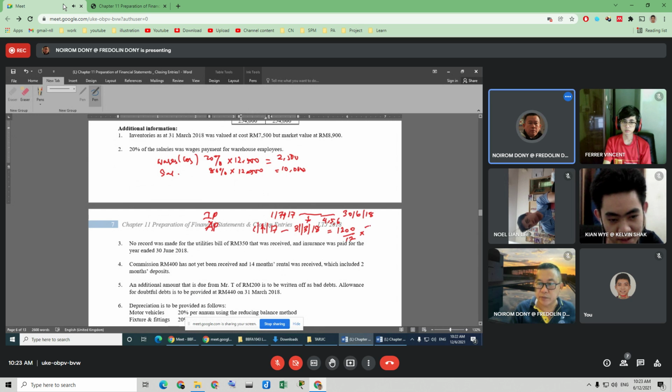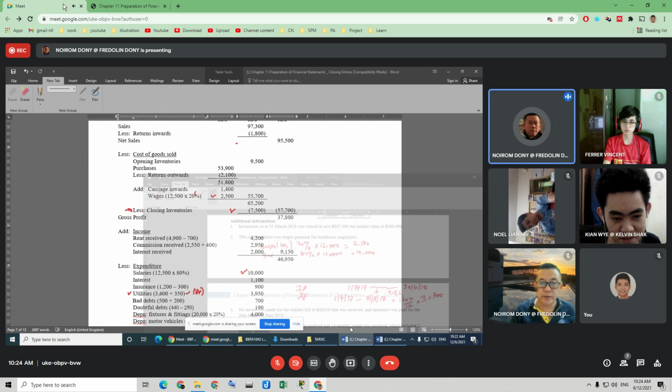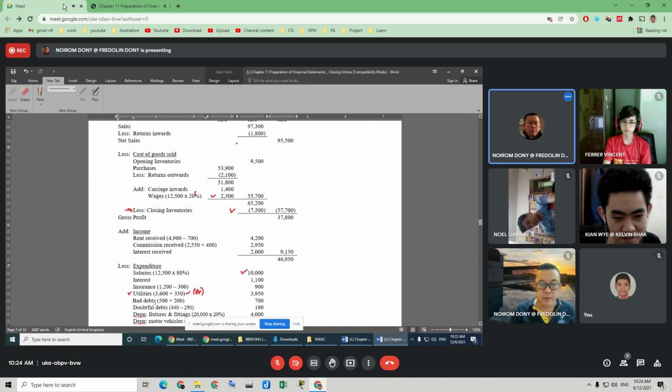There are 3 months here: April, May, and June. So 3 months is equivalent to 300. So for insurance of 1,200 we do the adjustment minus 300. Minus 300 is actually a credit entry.